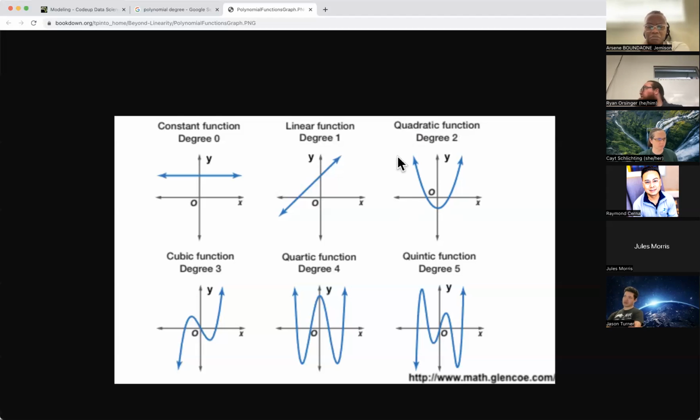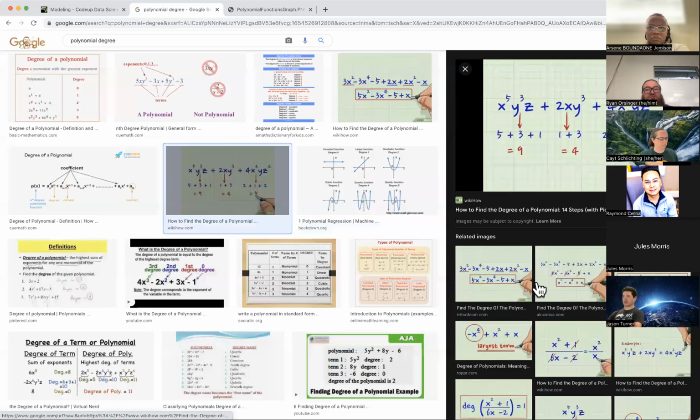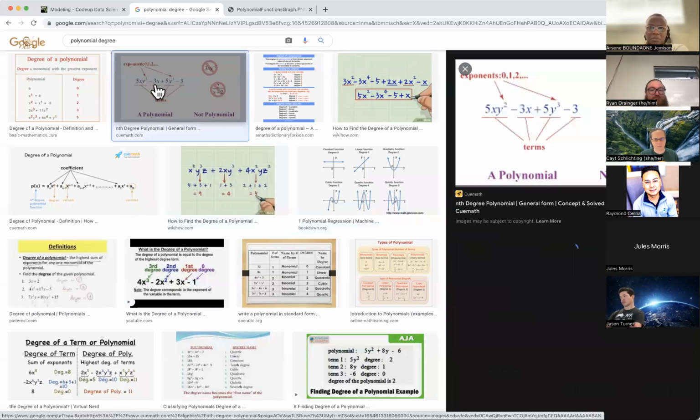Mhm. So degree of 2 has one curve. Degree 3 has 2 curves. Degree 4 has 3 curves, et cetera, et cetera. Yeah, because polynomials look like that.